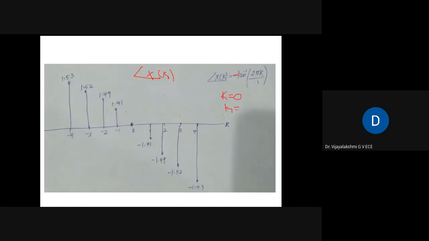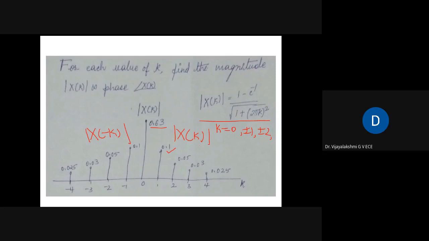And when you observe the phase spectra, you can see that x of k is equal to minus of x of minus k. So this is an odd function. So from the plot you can observe that whatever we understood is correct. Magnitude spectrum is an even function and phase spectrum is an odd function.